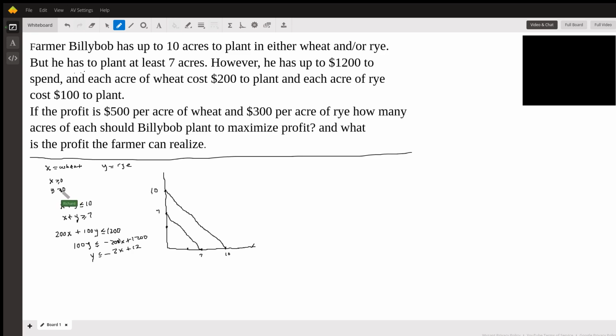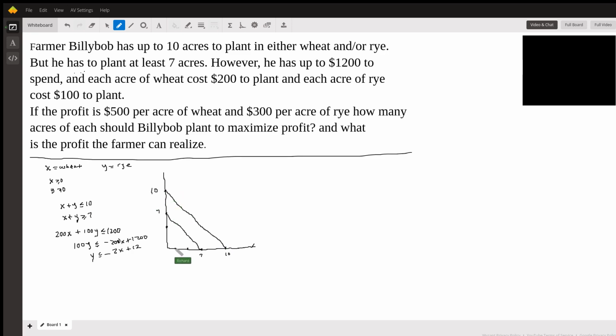Those are constraints that we have to put in there. Then we're told that we cannot plant more than 10 acres, but we have to plant at least 7 acres. So this first one, less than 10 acres, this is the equation plotted on the graph.